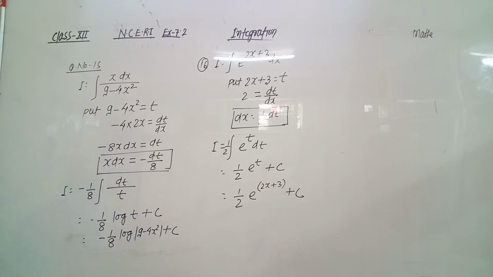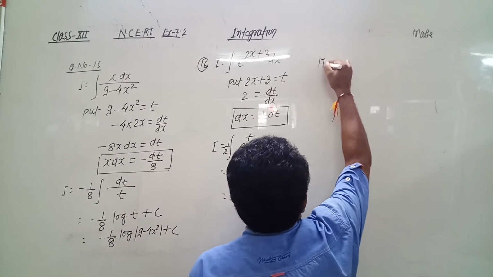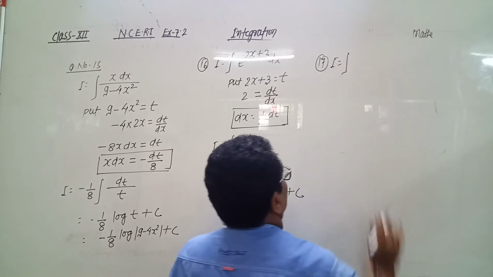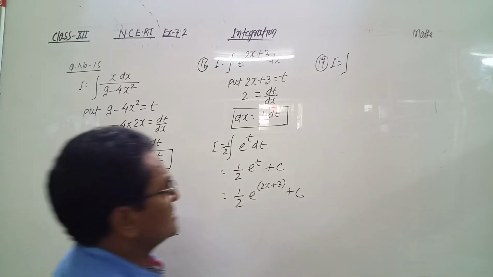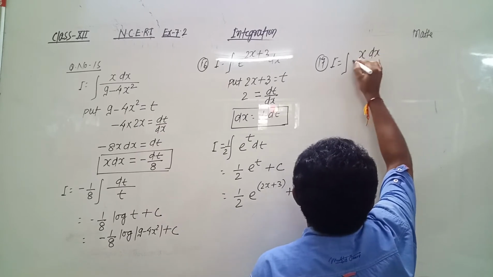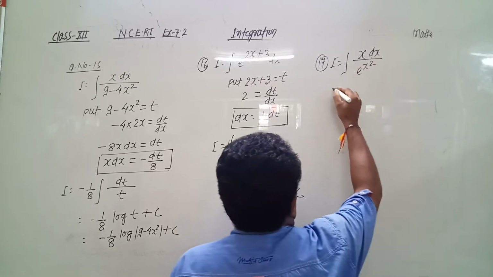Next, question number 17. I equals integration x dx upon e raised to the power x square.